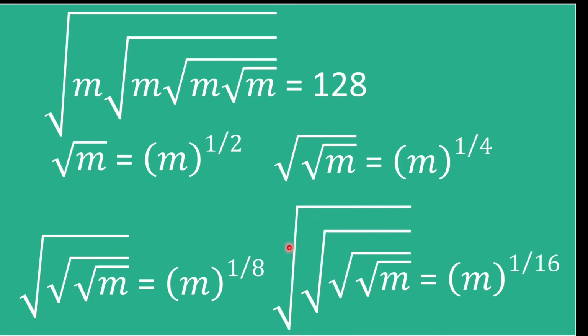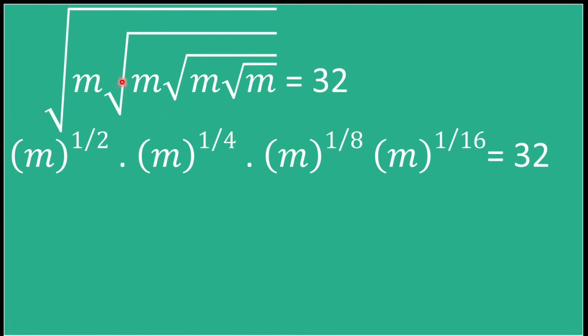And similarly, if we have 4 times this square root, this will be equal to 1 divided by 16. So now we will put these values in this equation. For this we will put 1 divided by 2, for this value 1 divided by 4, for this value 1 divided by 8, and for this value 1 divided by 16.